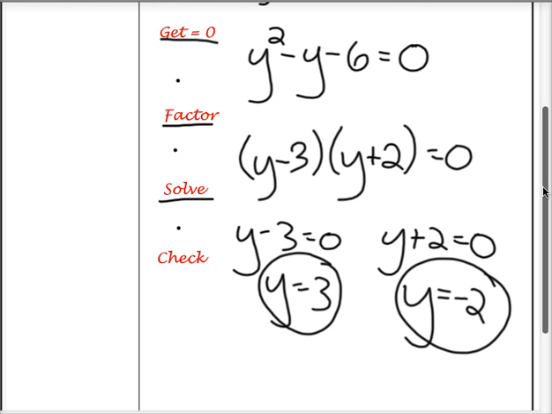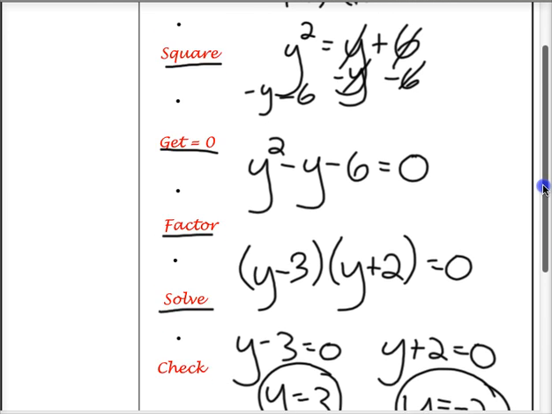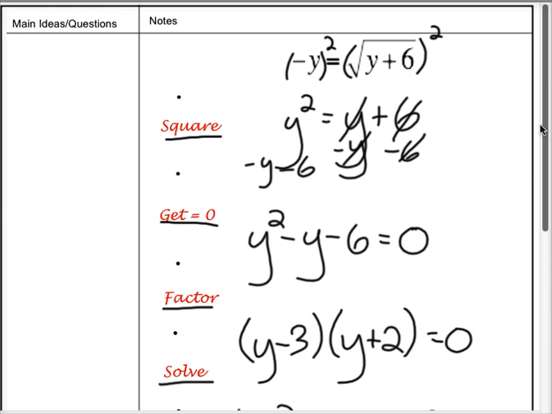So let's take a moment. Let's go back and think about these. So we have two solutions, y equals 3 and y equals negative 2, that we are considering. Now, this time we have to consider we are plugging into a negative y.